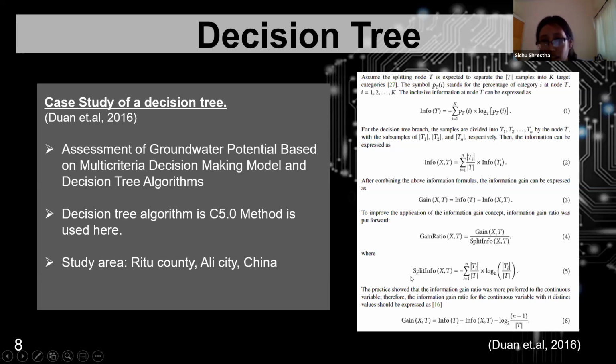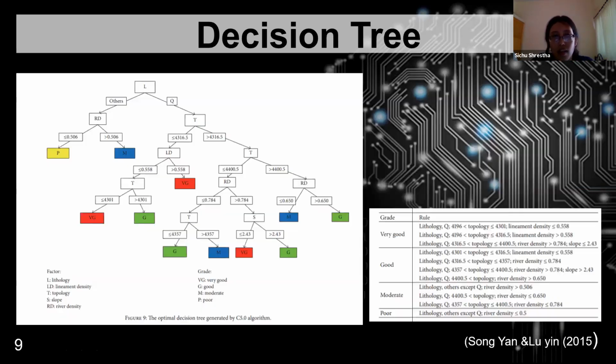Here this is the C5 algorithm to calculate the gain. And the gain is used for the splitting of the decision tree. In this model, two methods were used.